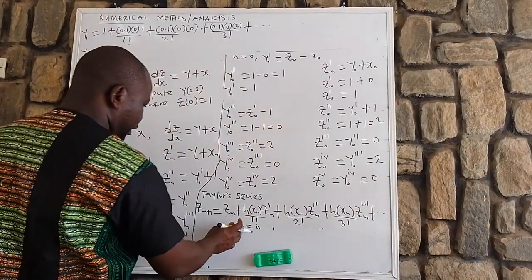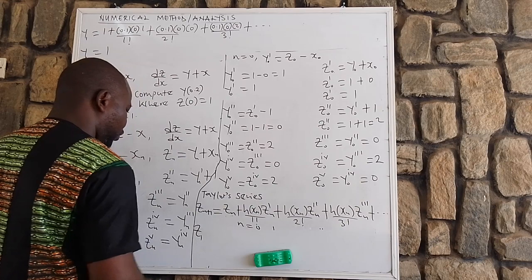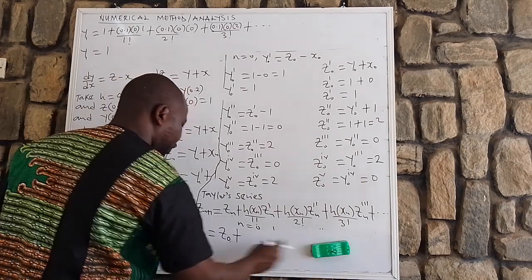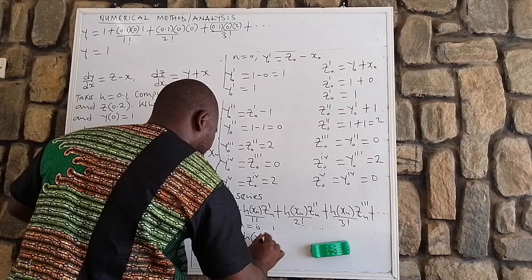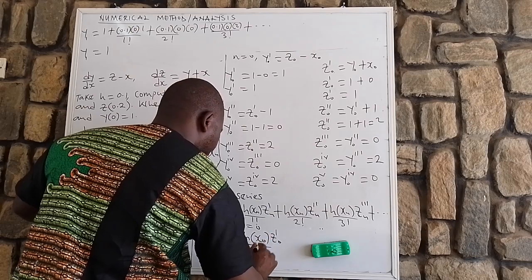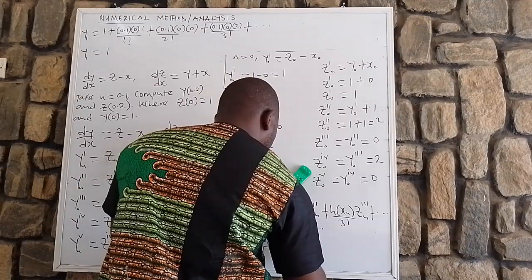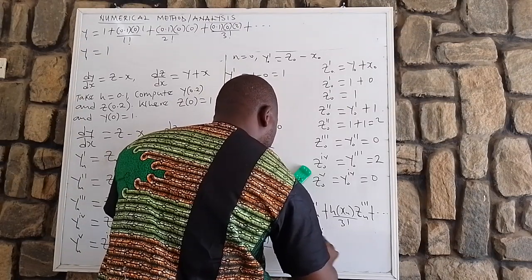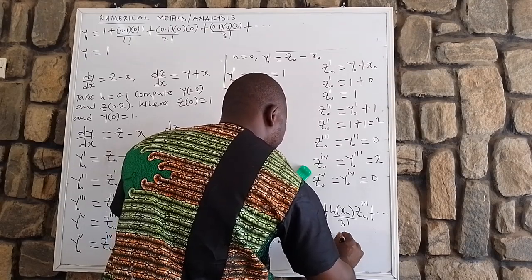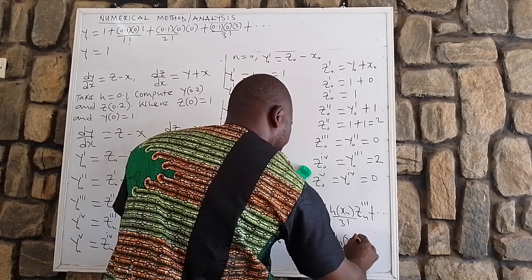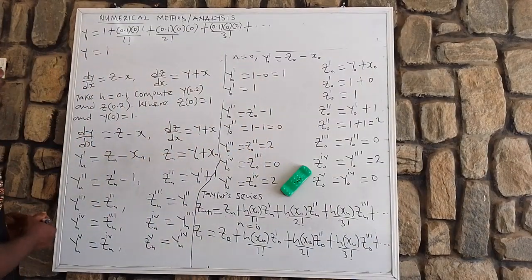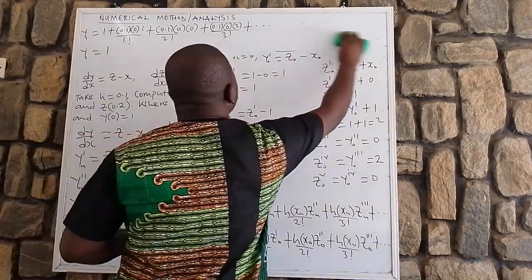So when n is equal to 0, z1 equals z0 plus h all over x0 z prime naught all over 1 factorial, plus h x naught z prime prime naught all over 2 factorial, plus h x naught 3 factorial z prime prime prime naught, plus and so on. Is that clear?